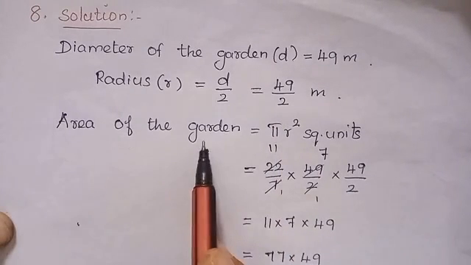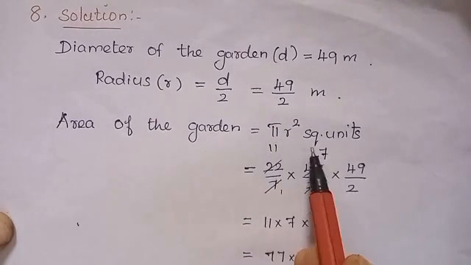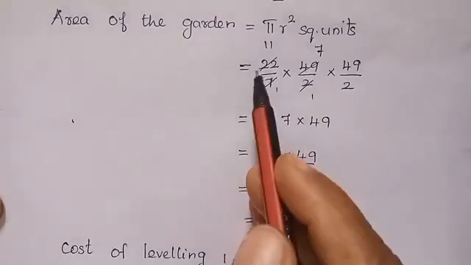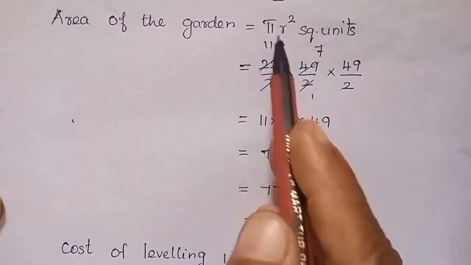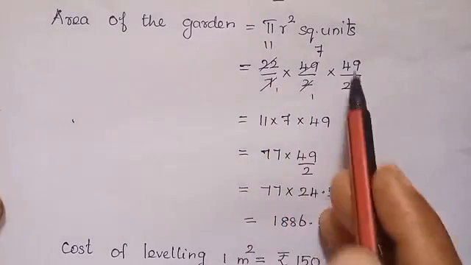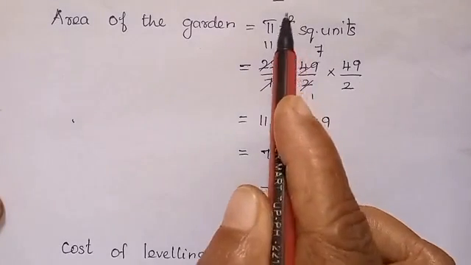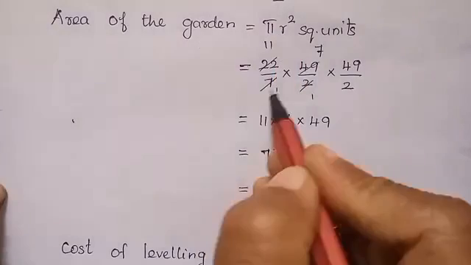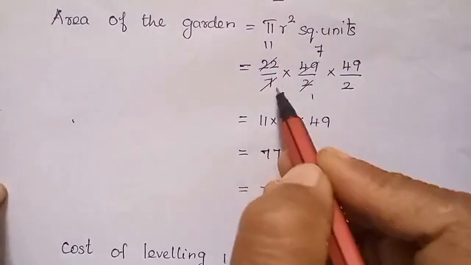Area of the garden. Pi r square, square units. Value of pi 22 divided by 7, r equal to 49 by 2. Again 49 by 2 because here r square. So we can write 2 times. Okay. Cancel 7 and 49.